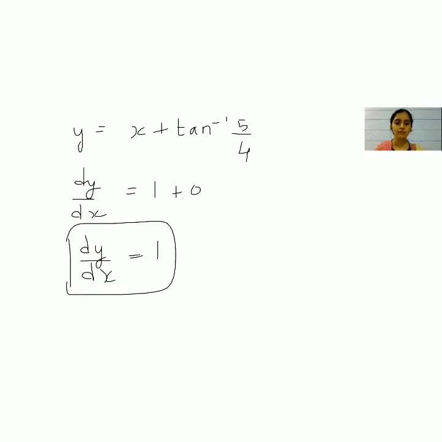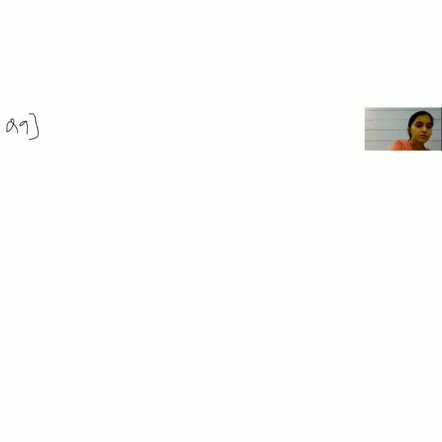Question 9, what do we have to do? So it's differentiate again with respect to x. So let's take the first question of question 9. It says y is equal to cos inverse of (1 minus x square) upon (1 plus x square).